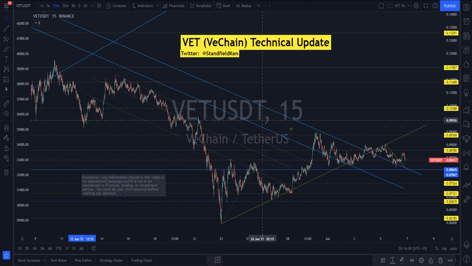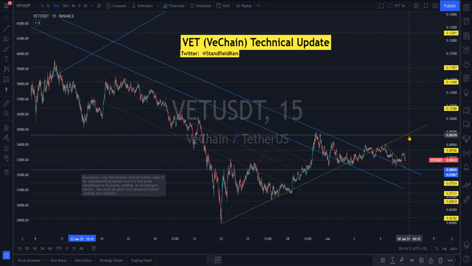The good thing about VET is it's gone over structural resistance and turned it into structural support. That means it has fresh air above it. You notice this particular resistance line here, because it's above that. In all probability, VET will struggle around this 10-cent mark.